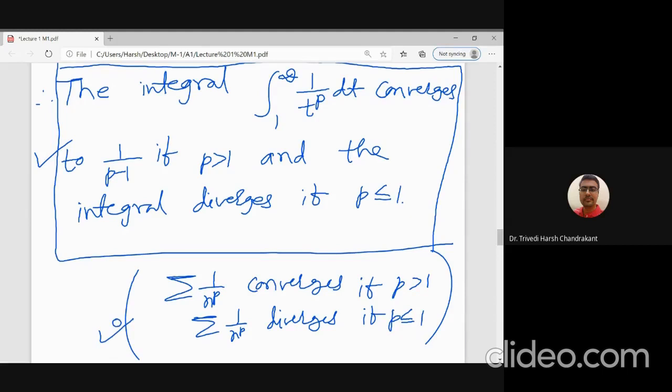We compare the given series with the series summation 1 upon n power p, and then we check whether the given series is convergent or divergent. In the same way, for the improper integral of first kind, that is an integral over 1 to infinity of the given function, we will use a comparison test and limit comparison test using this particular result.